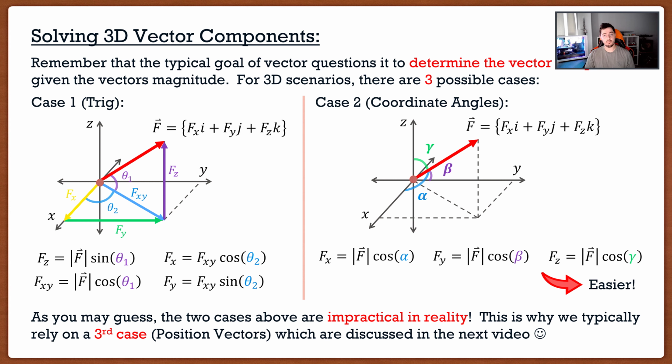What we know are position, or coordinate points. We would know the location of something, and we would know the location of another thing. And as we're going to see in the next lecture, if we know the 2 locations, we can actually solve for components really simply. So I'm alluding to the next video. For now, we need to know these 2 cases, and then we'll discuss the third case in the next video.